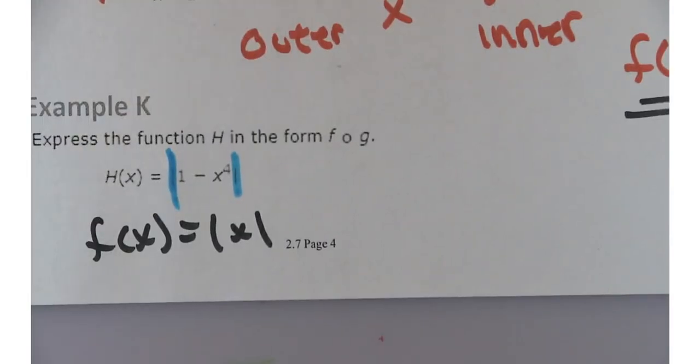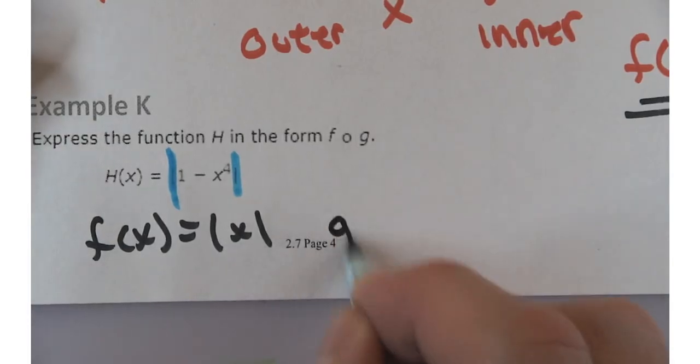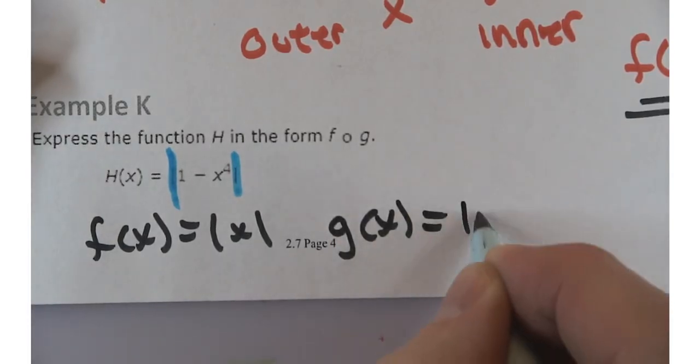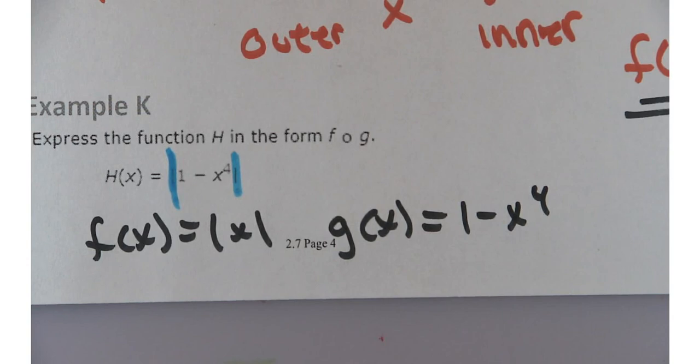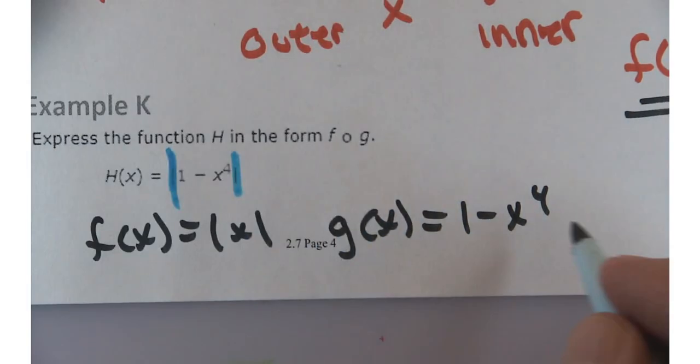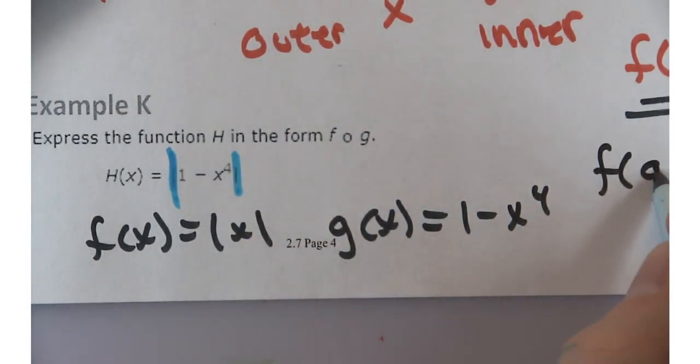What's that leave for your inside function then? 1 minus x to the fourth. Yeah. g of x is 1 minus x to the fourth. And then if you put them in this order, f of g of x equals your h of x.